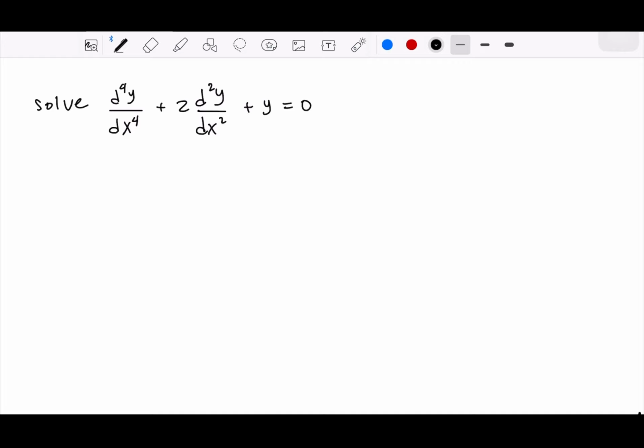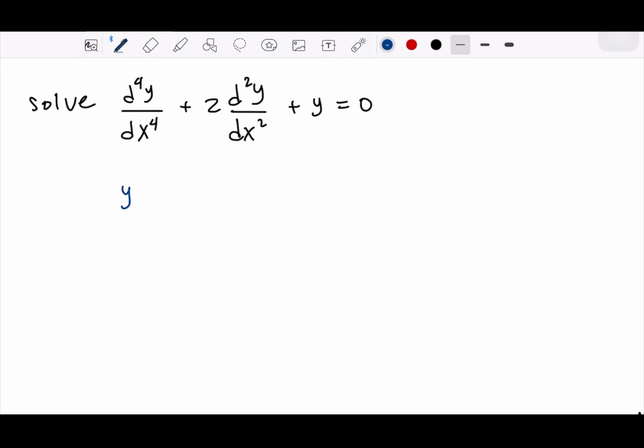So we can start by writing this in a clearer way like this, which will be helpful. And we could take this as our auxiliary equation with m, 2m squared plus 1.